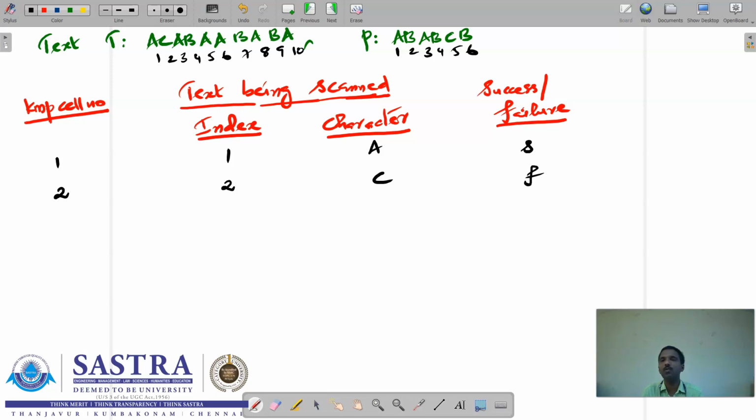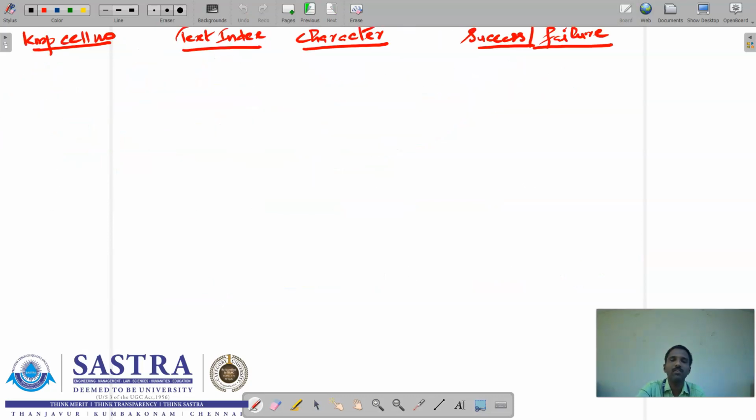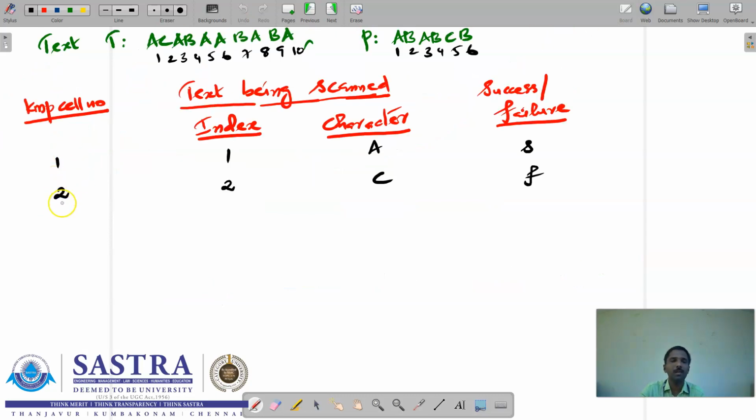At cell number 2, the control is now transferred to the corresponding failure link. If there is a failure at cell number 2, control is transferred to cell number 1. So in the next step, KMP cell number is changed to 1.